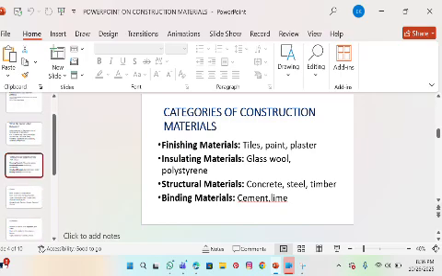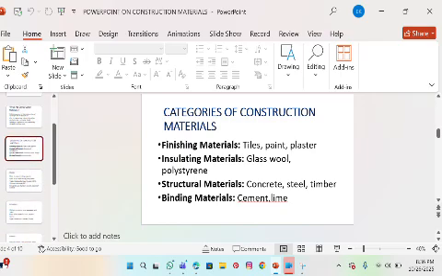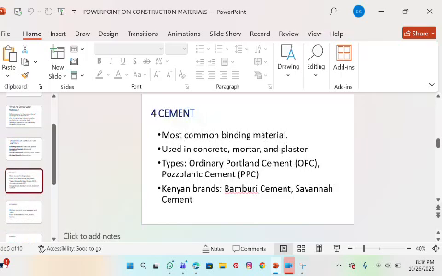Now let's go to another content of today. Cement. We are going to learn that cement is the most common binding material. It is used in concrete, mortar, and plaster.